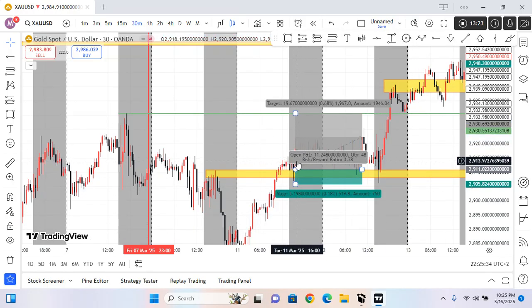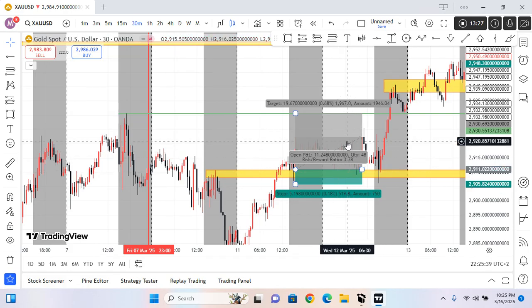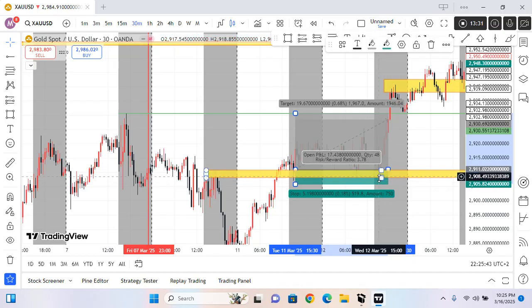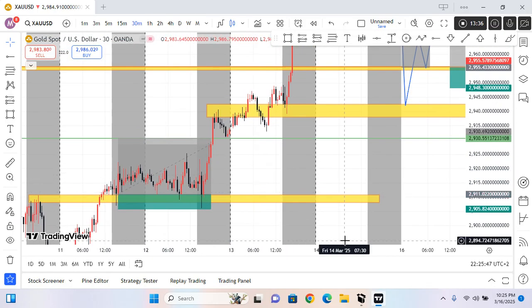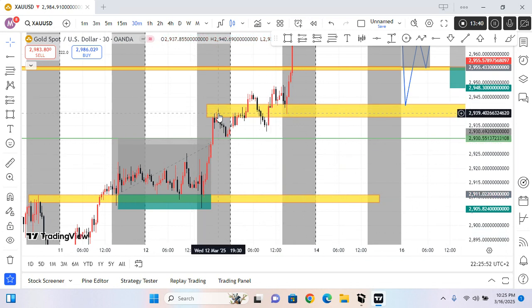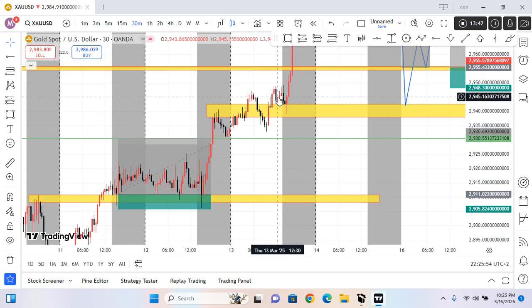This is Monday late around 4. It ranges and ranges. On Wednesday again, look what happened. It came back and touched onto the very same bank zone until it came and hit the take profit. Look on Thursday, Wednesday bank zone. It breaks it nearly on the opening of New York.